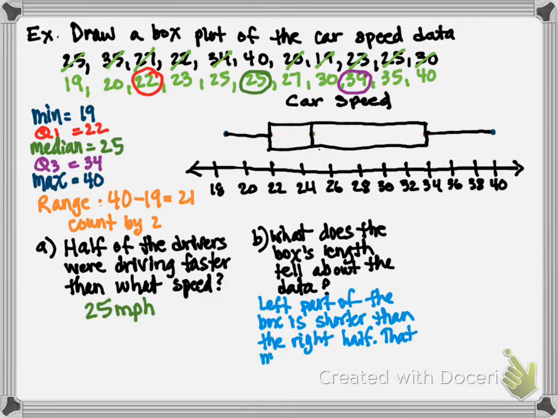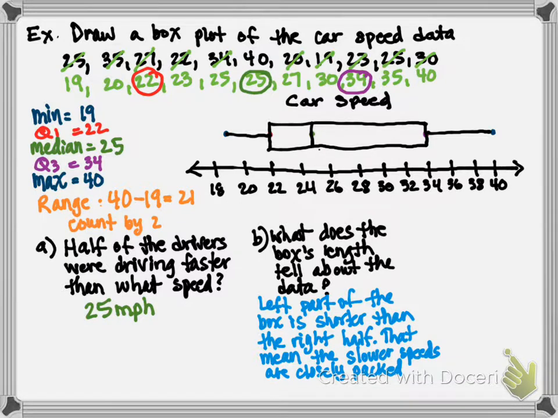That means the slower speeds are closely packed, and by that I mean we had a repeat of several numbers, or the numbers were very close to each other. The range between those particular numbers was very small.